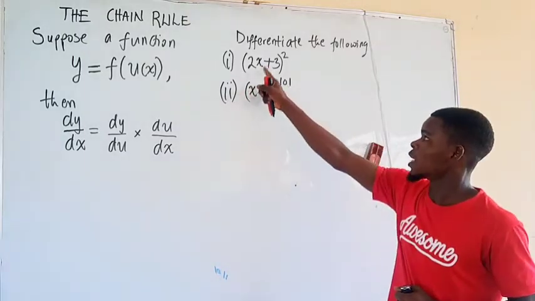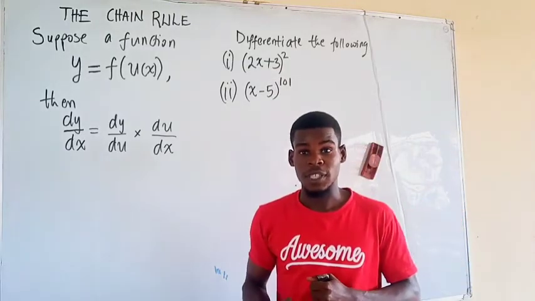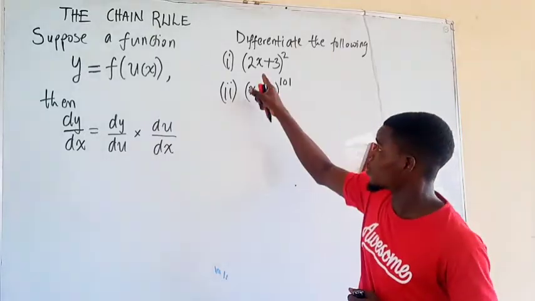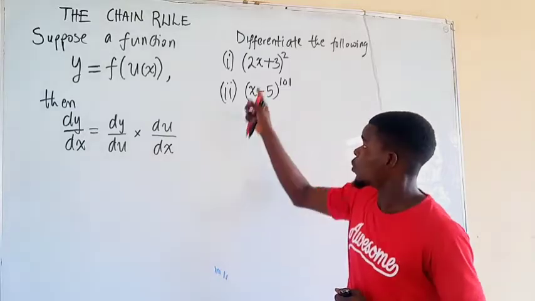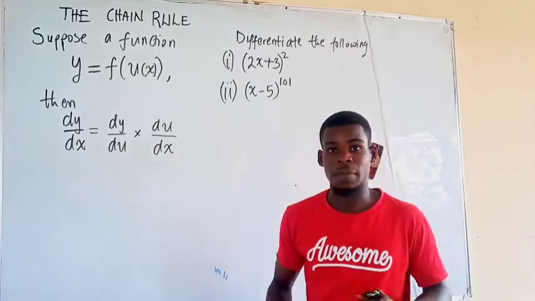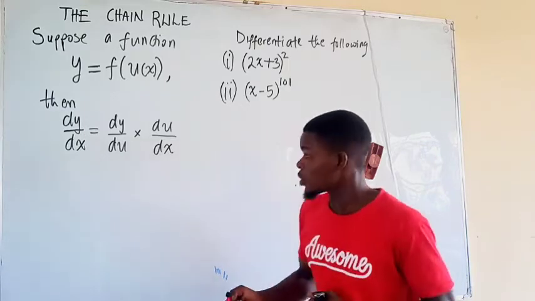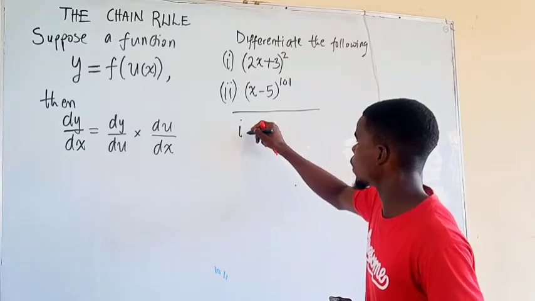First, we have (2x + 3) all raised to the power 2. Well, to differentiate that first function, we can just go ahead and expand that bracket using the binomial expansion theorem. And then when we're done expanding, we can apply the sum rule and then the power rule and differentiate each of the terms. So let's just go ahead and differentiate that and see real quick.